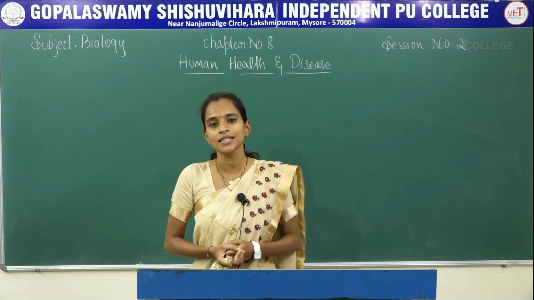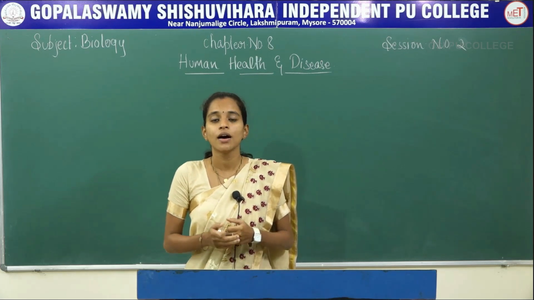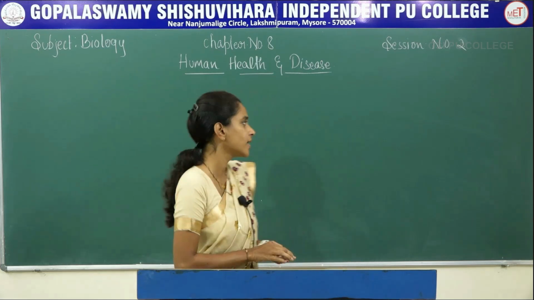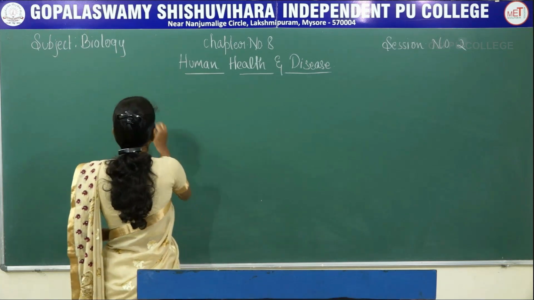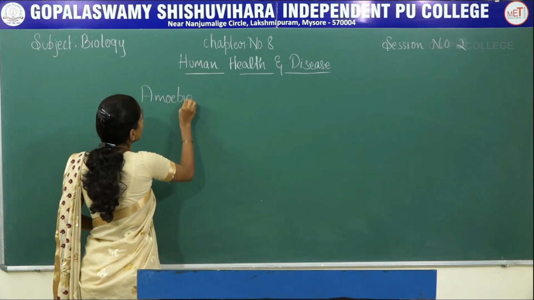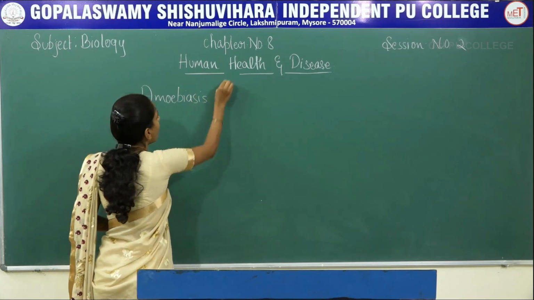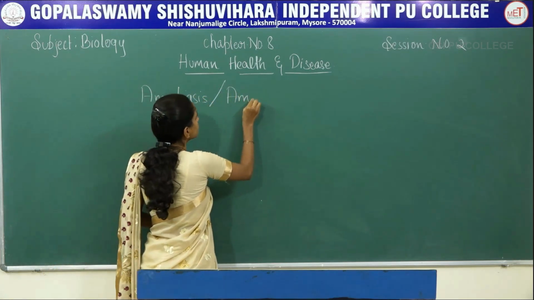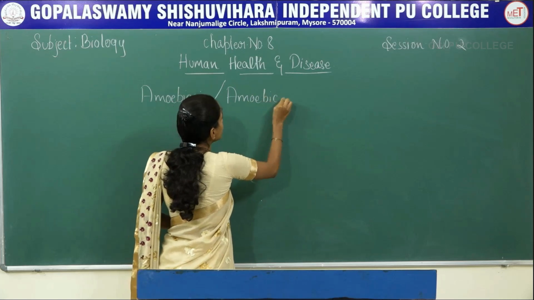So in today's class we will be initiating the class with one more type of protozoan and the disease here will be amoebiasis, or it is also called amoebic dysentery.